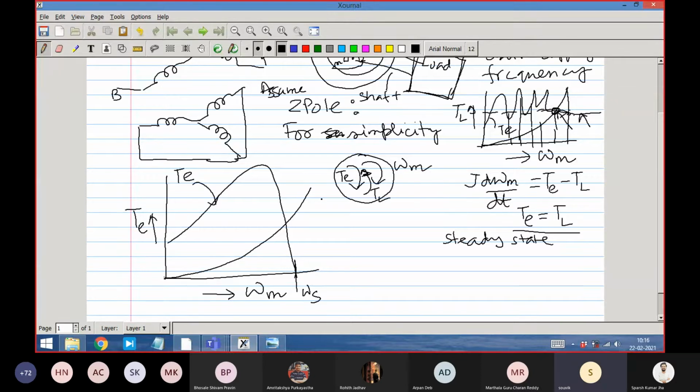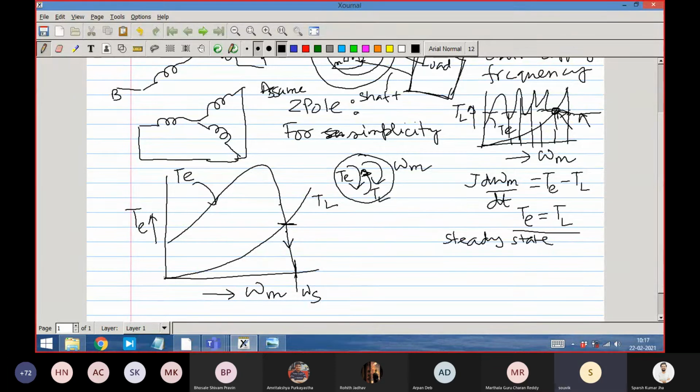So you see, first of all, that this is a very stable point. This is the load torque characteristic. The moment speed increases, the electromagnetic torque drastically reduces, so it will always come back. And prior to that, here the electromagnetic torque is more. But the beauty is that it has developed a negative slope.